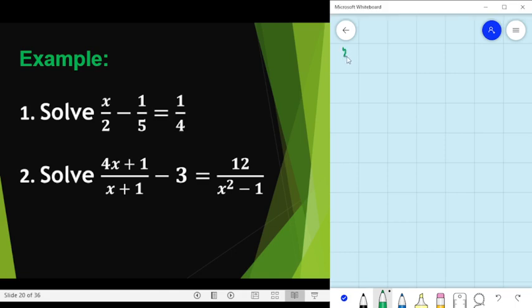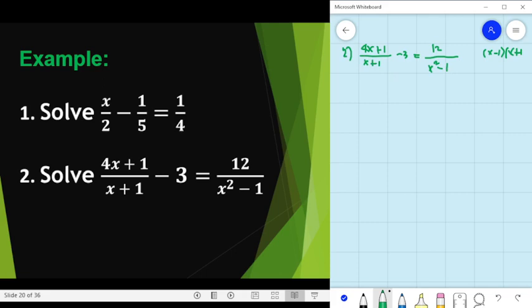Notice that this denominator can be factored as quantity x minus 1 times quantity x plus 1, in which this denominator is part of the denominator of the other one.